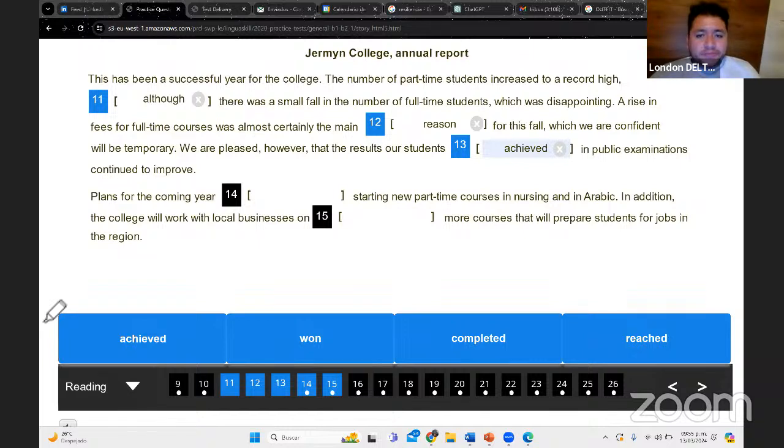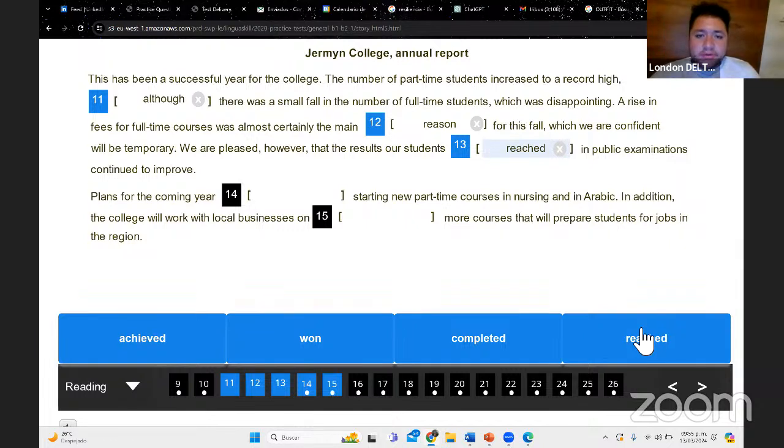So, okay, resultados que nuestros alumnos alcanzaron. So we will have to discuss, right? Tenemos que discutir. Achieved or reached. Achieve es lograr, reach, alcanzar. So I see, right, there is some confusion. It's normal because you could say, okay, the results, they see this reach. What do you think, guys?